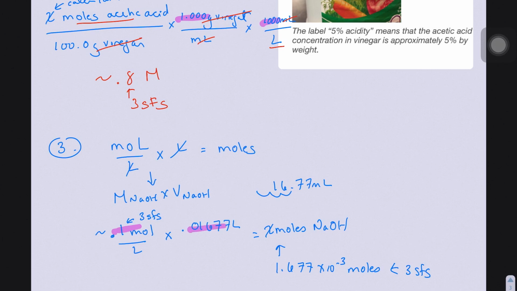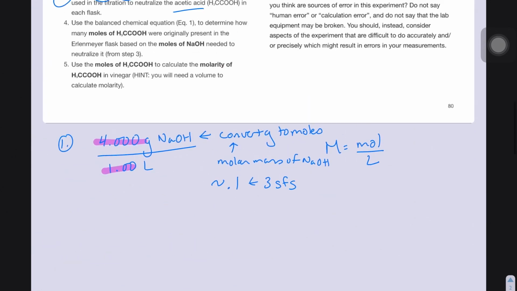This volume has 4 sig figs, but since our concentration only has 3, we have to round to 3 sig figs. So this would be 1.68 in my case times 10 to the minus 3 moles. I'm not exactly sure what you're going to get with your exact concentration, but I can just tell you it should be somewhere around this value.